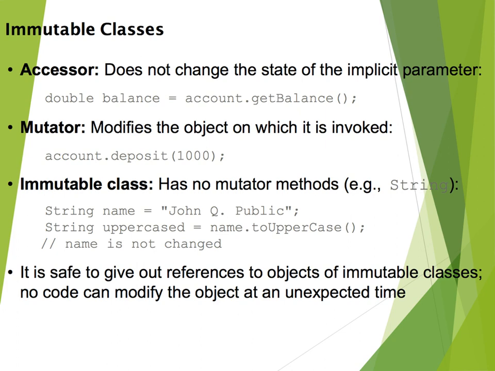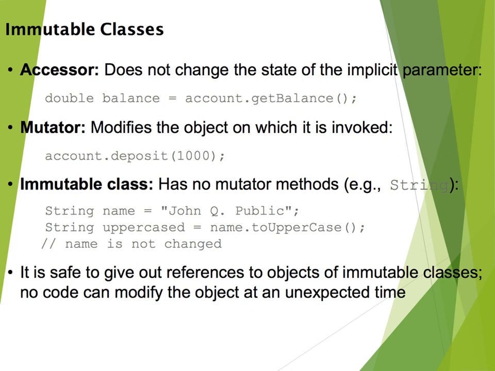All it does is create another string with the same letters, but all capital or uppercase. And then we set it equal to another string variable called uppercase, but it doesn't change the name variable or the name object.